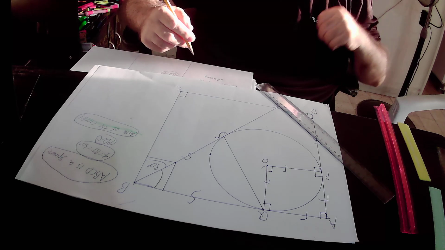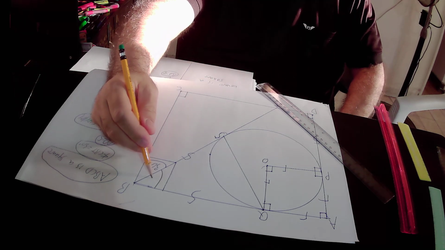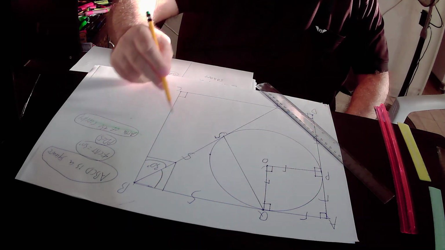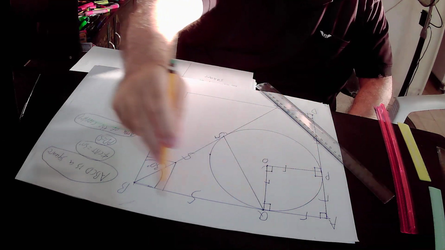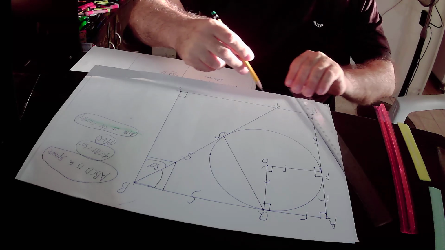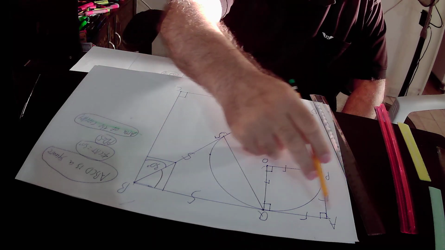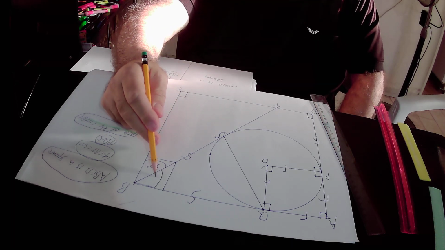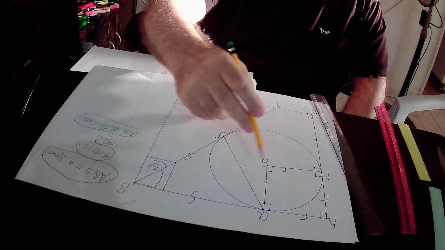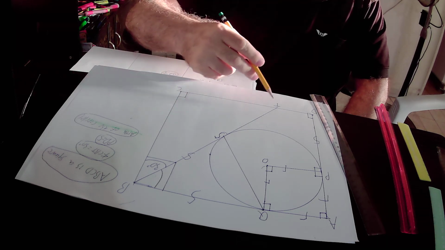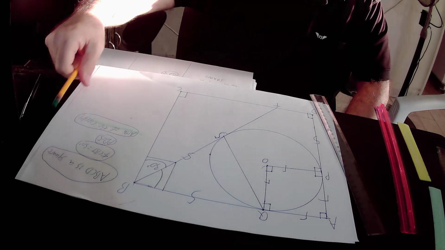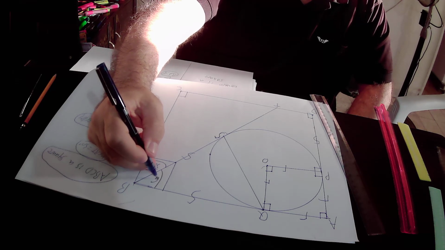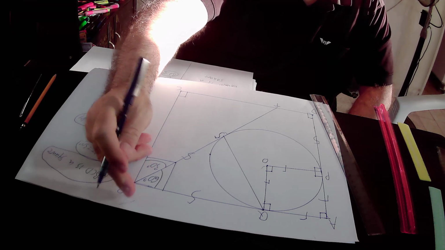It is easy to see that angle QBS equals the right angle ABC minus angle TBC. So angle ABC equals 90 degrees, minus angle TBC equals 30 degrees. 90 degrees minus 30 degrees is 60 degrees. So angle QBS equals 60 degrees.